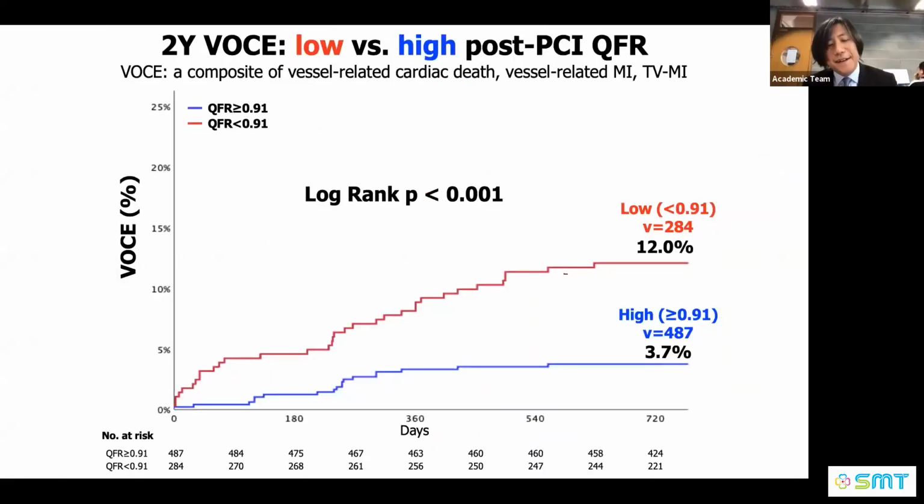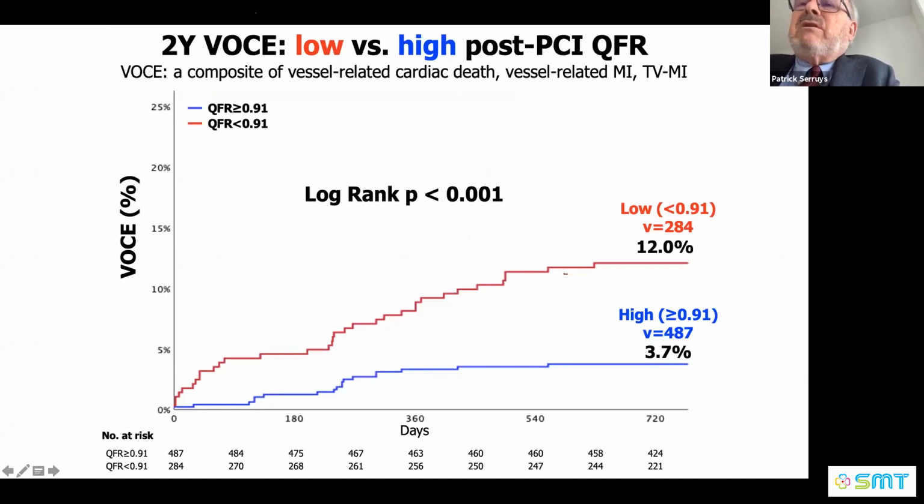Good. So basically, that's the kind of data that we have seen by ourselves, in the 2-year vessel-oriented composite endpoint. If you use that cutoff criteria, in our experience it was a little bit more than 0.89, it was 0.91, but we also saw something very similar.